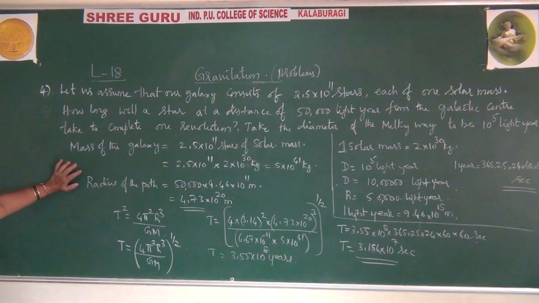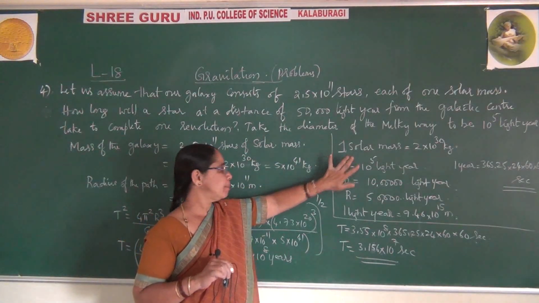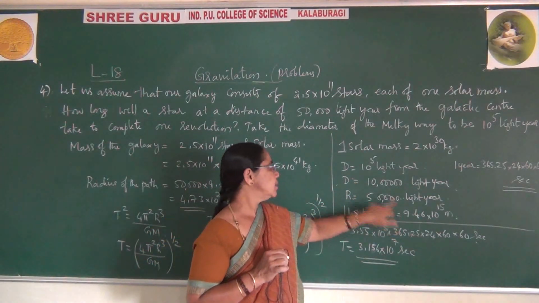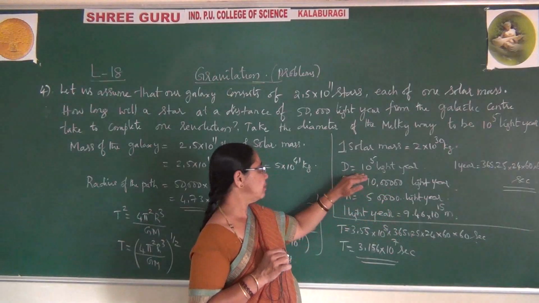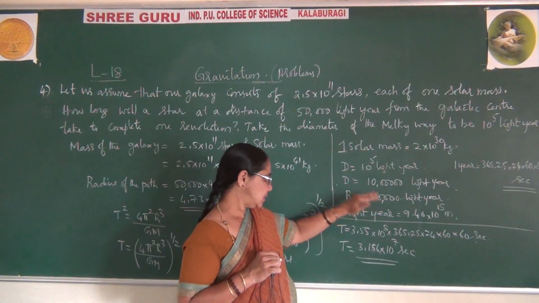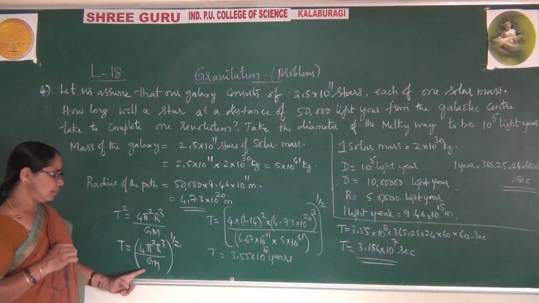In this new question, the formula is the same, but they have given solar mass. This condition you have to remember. And you should know what 1 light year is, then only you can convert this. This is given for diameter, now you are converting it for the radius. Using this, you are substituting the value in the formula.